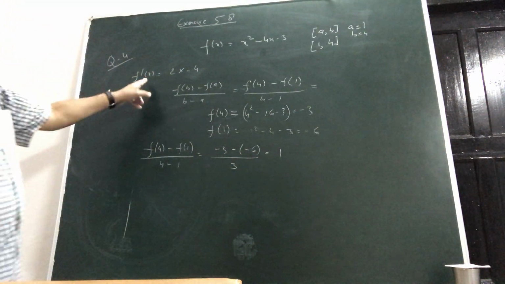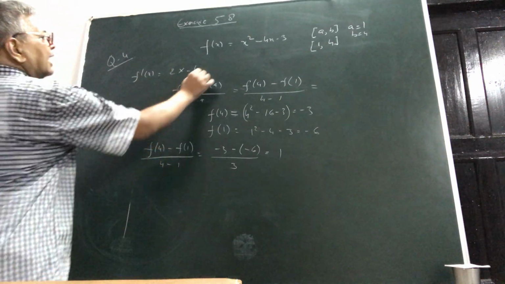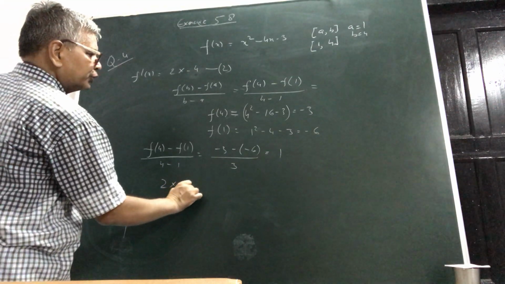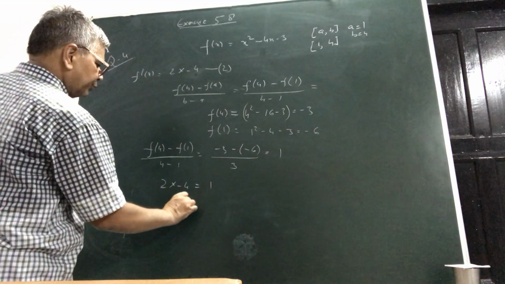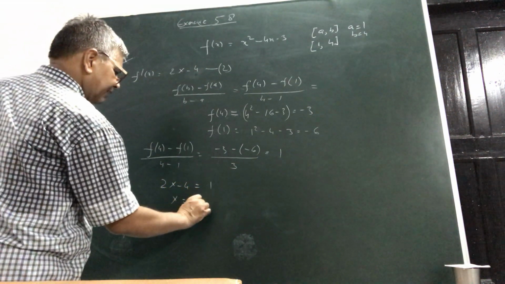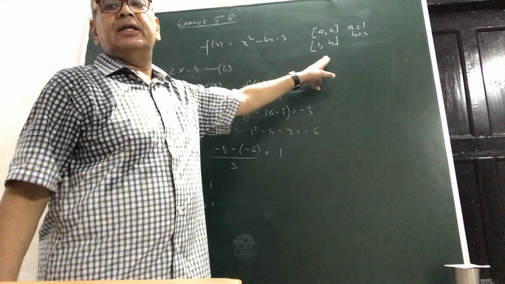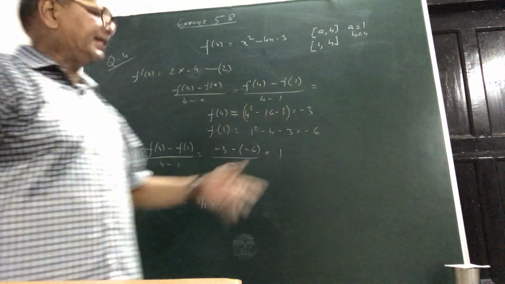Now please see, f dash x is 2x minus 4, and it should be equal to 1. So x should be equal to 5 by 2, that is 2.5, and 2.5 of course lies in the open interval 1 to 4. So that is the answer.